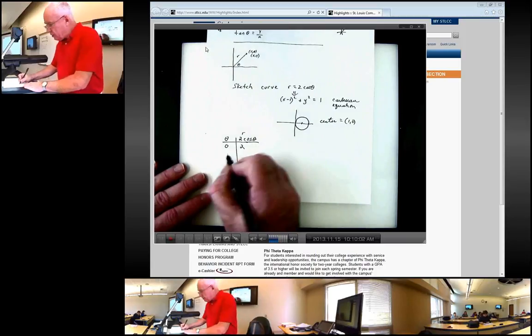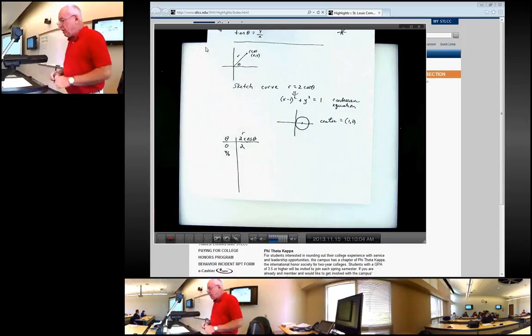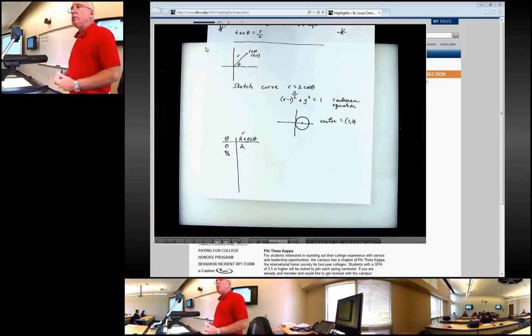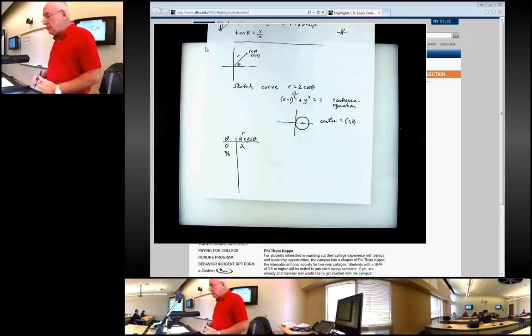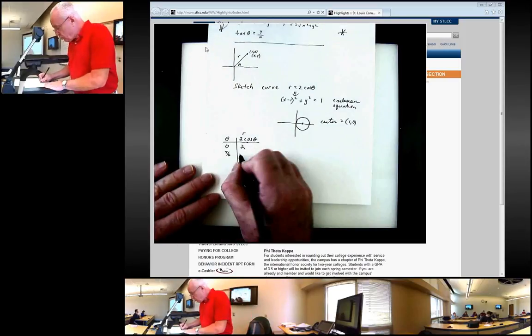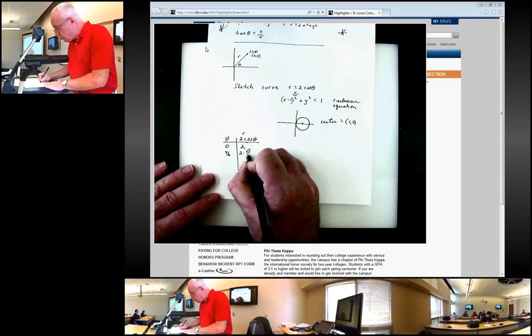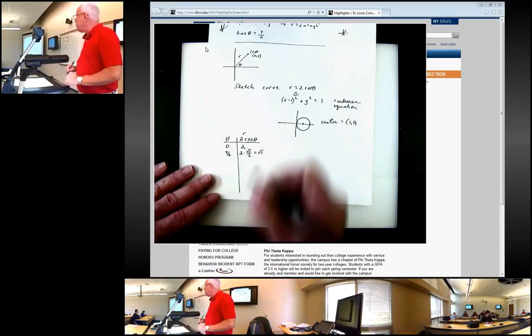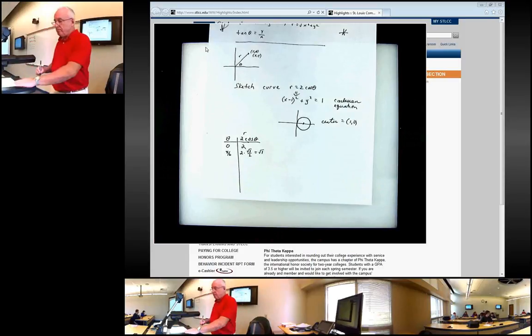When theta is equal to pi over 6, this is going to be 2 times the cosine of 30 degrees, so that's going to be 2 times the square root of 3 over 2, which simplifies to the square root of 3.